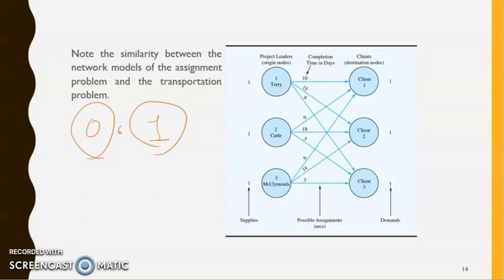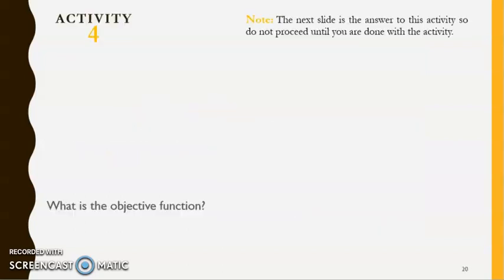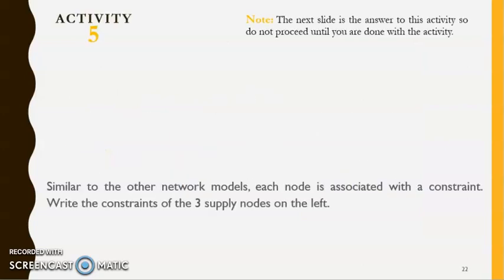For example, for this we have a supply constraint, and here on the right we have a demand constraint. If there was a transshipment node, there would be a constraint over there as well. So the point it is telling you is very helpful: similar to the other network models, each node is associated with a constraint.